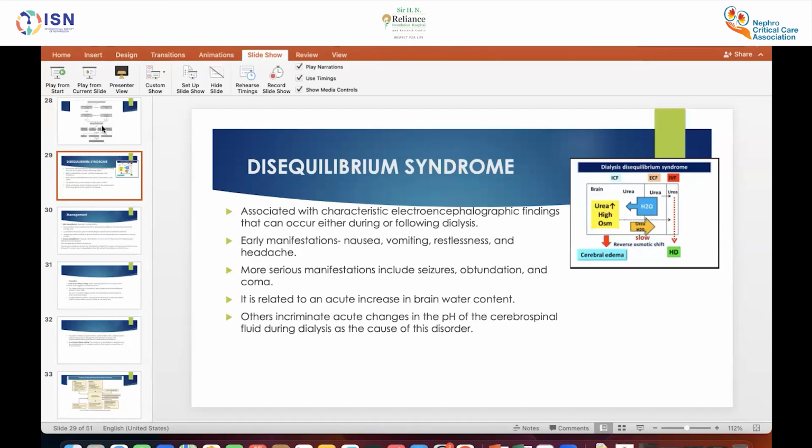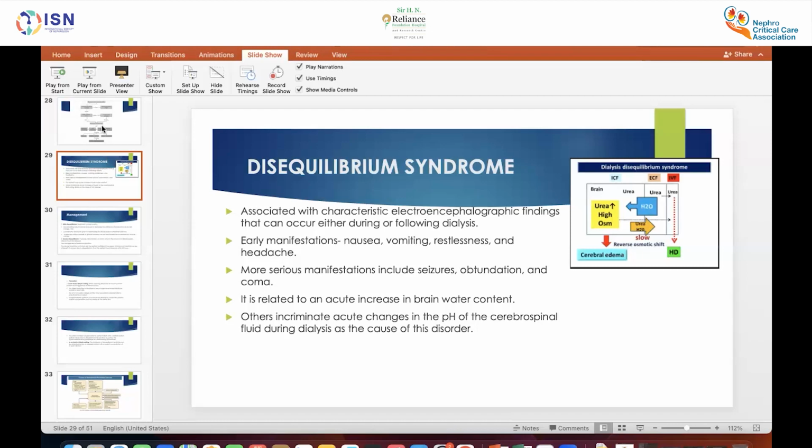So whenever a uremic patient is there with a high urea value, the urea concentration will be equilibrated in the intracellular fluid as well as the extracellular fluid. And intracellular fluid and extracellular fluid, as you know, are two-thirds and one-third.